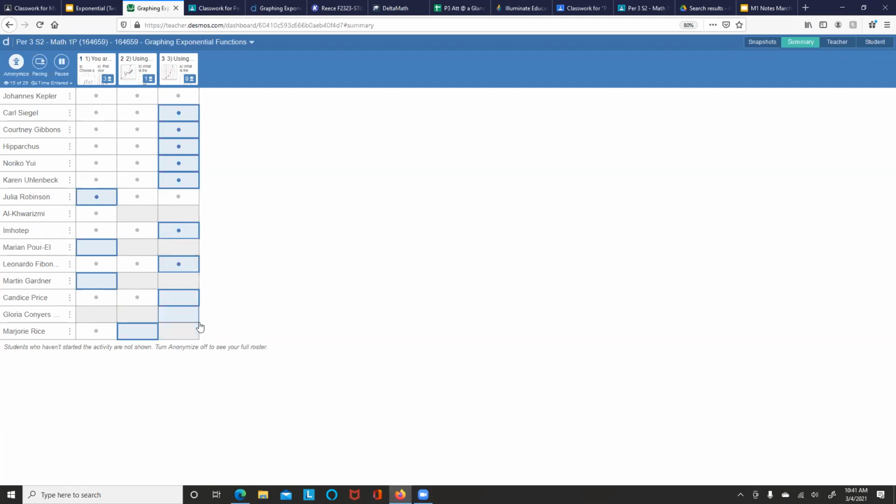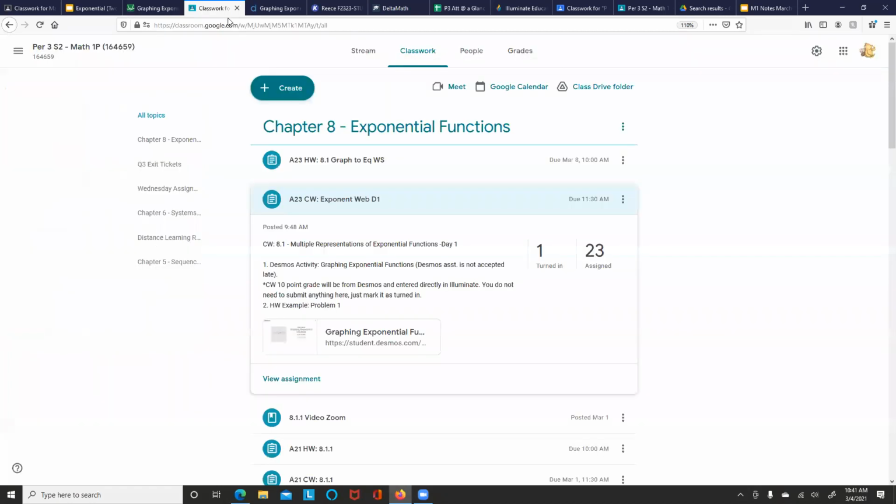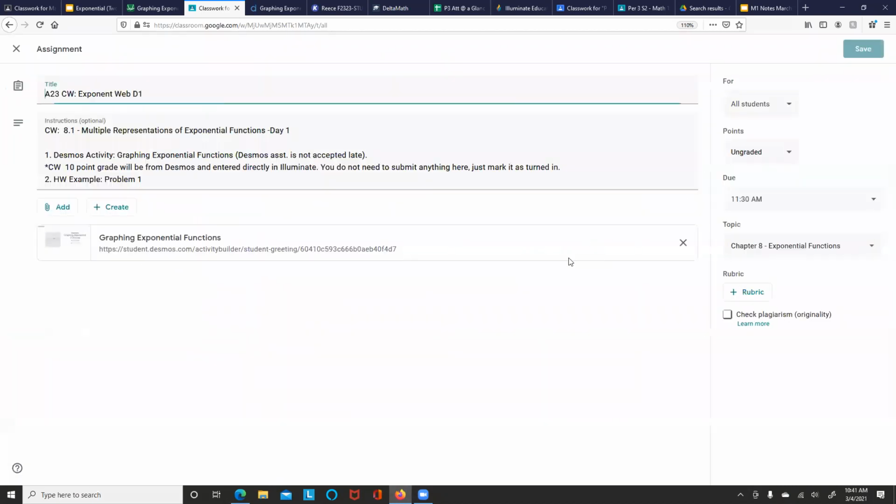And this is your classwork for today. Besides the notes, I do need you to upload the notes, right? So let's see, do you have a spot for that? Yeah, so you could just upload your notes. It says not to turn anything in here, but I do actually want you to turn your notes in here. I'm going to change that, let me edit that.